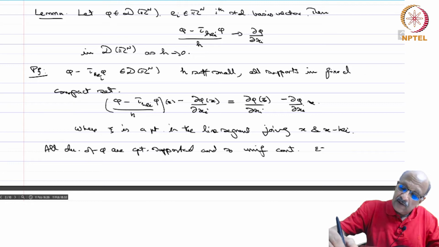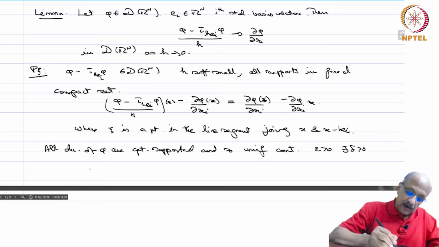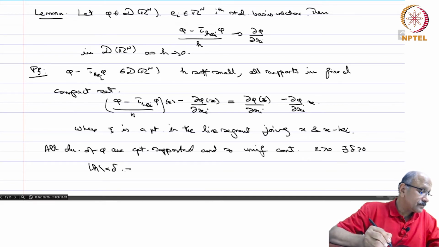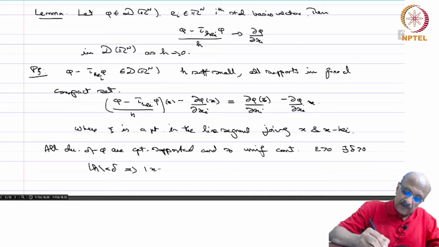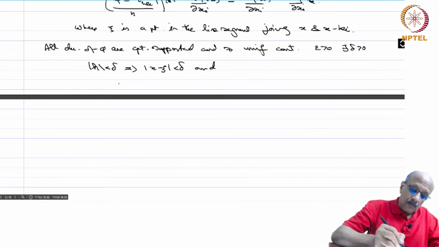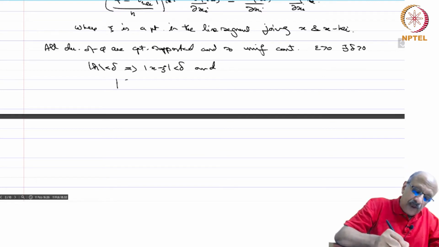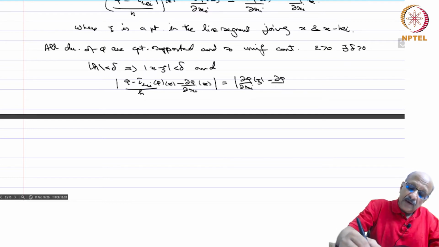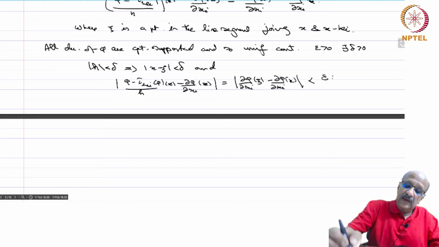Therefore, given any epsilon greater than 0, there exists a delta positive such that mod h less than delta implies mod x minus xi is also less than delta, and you have mod of (phi minus tau h ei of phi) by h at x minus d phi by dxi of x is equal to mod d phi by dxi at xi minus d phi by dxi of x, and that is less than epsilon, because xi minus x is less than delta.